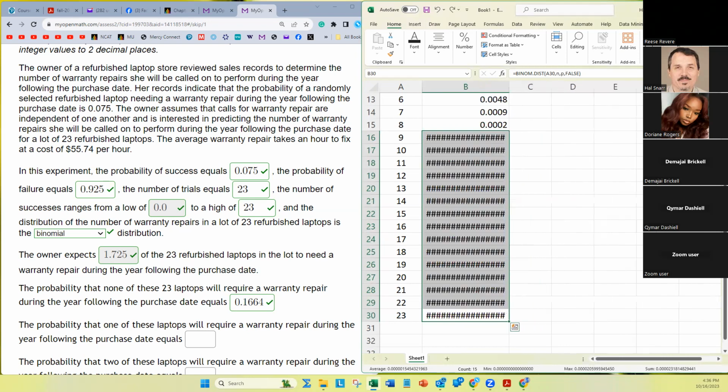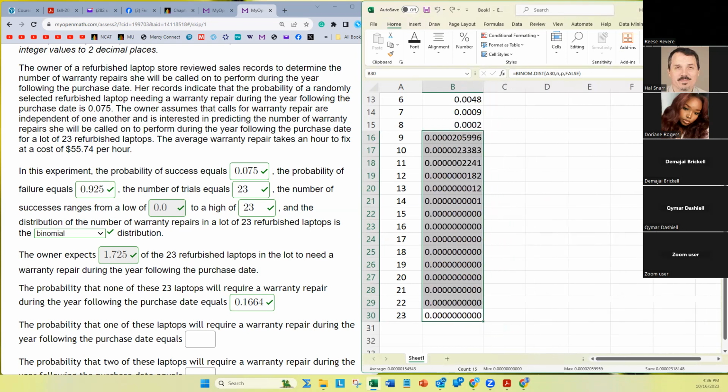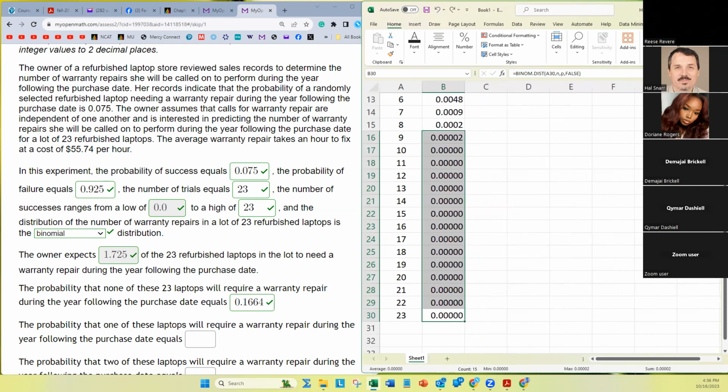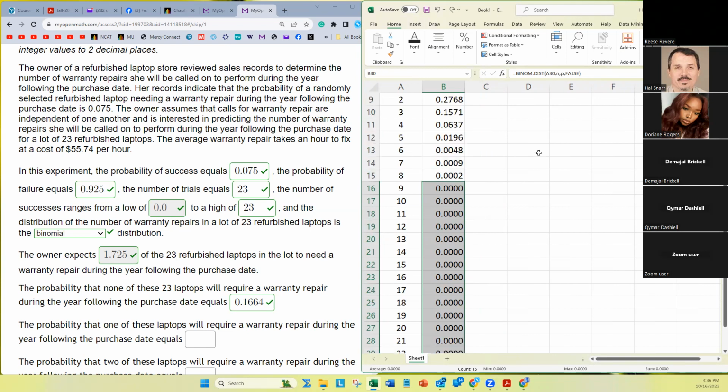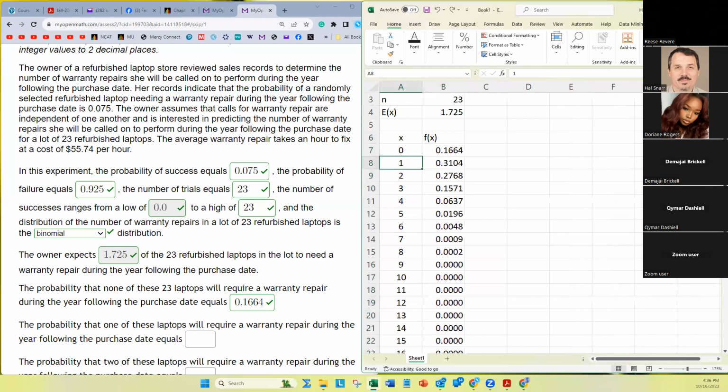I'm going to go back in time by doing Control V. So observations 9 through 23 are very improbable. Which was the most probable outcome? The first one, which would be 1, 0.3104 for you.